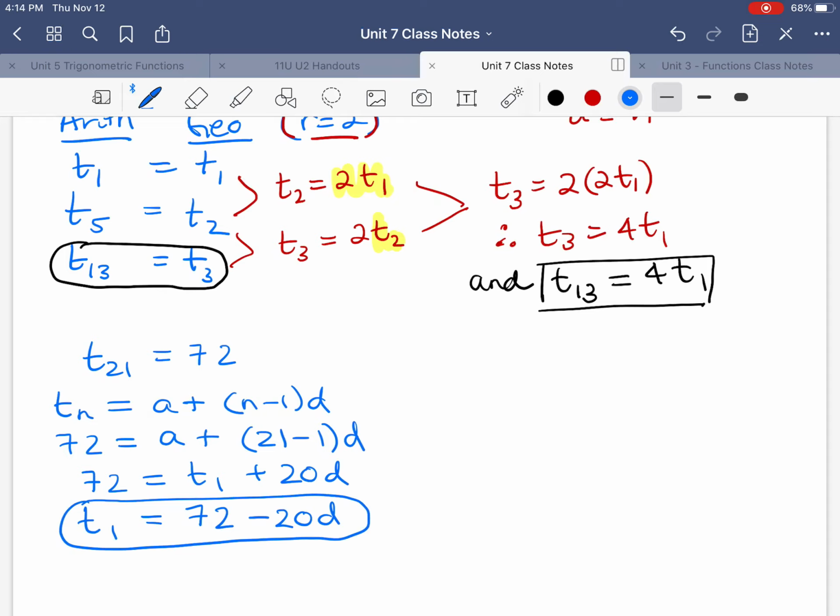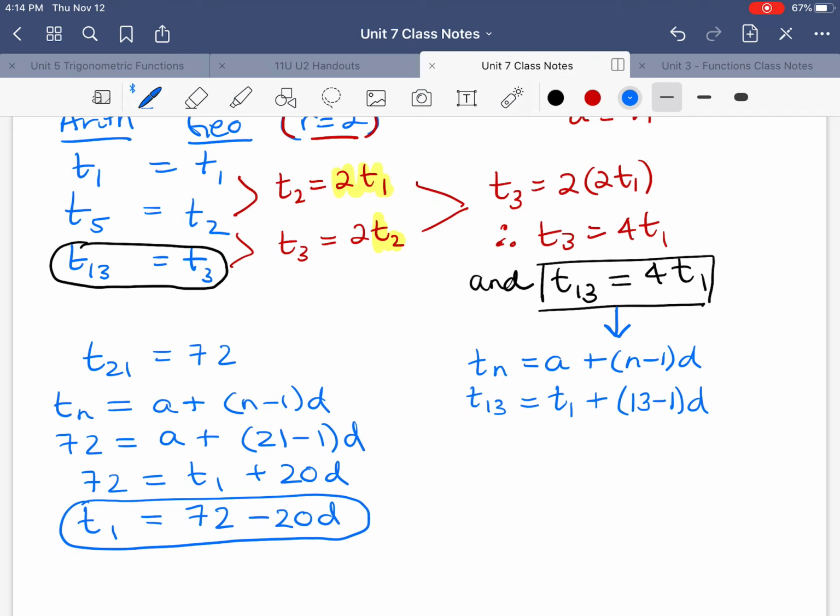We go back to our piece of information about T13 being equal to 4 times T1. Again, we take our general term for an arithmetic sequence and put in what we know, this time for when n is 13. We write T1 instead of A, because they are the same thing, and instead of n we write 13, and then D. We have a lot of different variables going on.